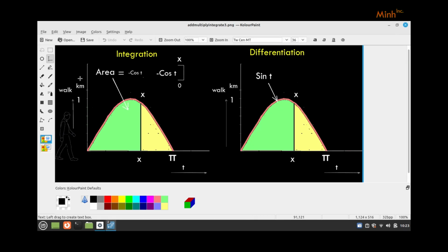Now I know that the area covered is minus cos t. So I can say sine t equals d of minus cos t by dt.